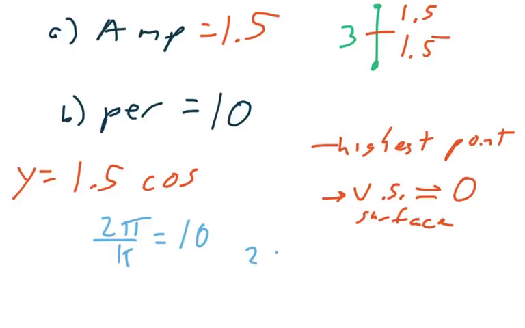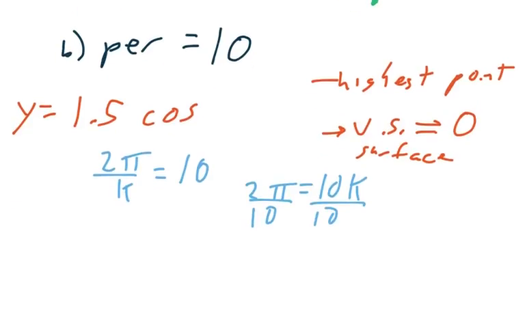Multiply both sides by k, divide by 10, and we wind up with k equaling pi over 5. Alright, so I should probably change that to a t, because we're talking about time here.